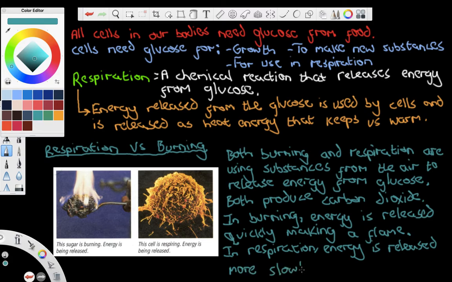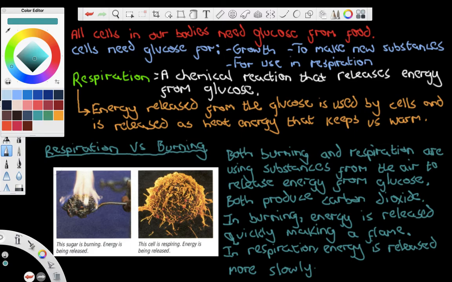So, we've said that all cells in our bodies need glucose from food. This is because cells need it for growth, to make new substances, and for use in what's known as respiration. Respiration is a chemical reaction that releases energy from glucose. The energy released from the glucose is used by the cells, and it's released as heat that keeps us warm. Respiration is very similar to burning.